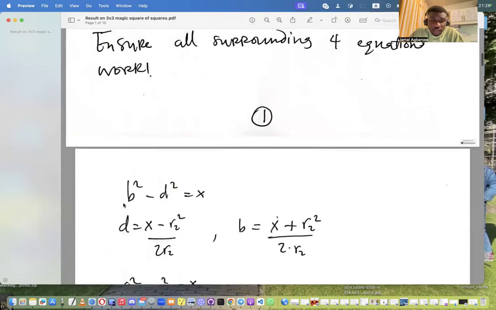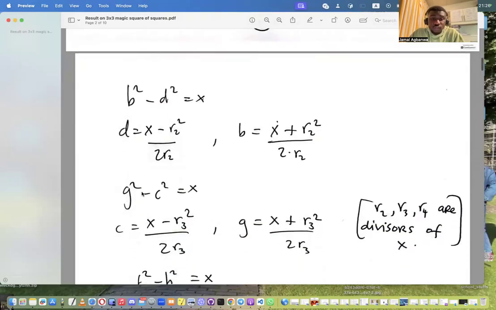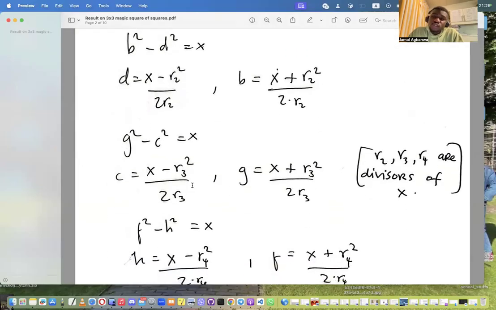So when we come down here, we equated this to that. And these are the formulas we had for B and D. And in this sense, r sub 2 squared is a divisor of x. It divides x. Let's just continue.